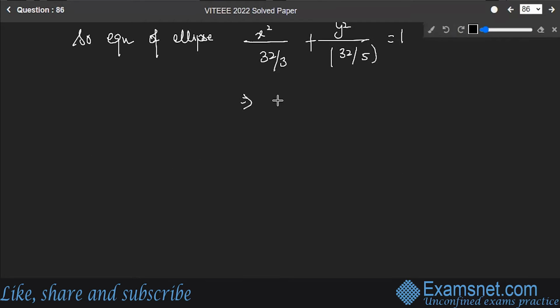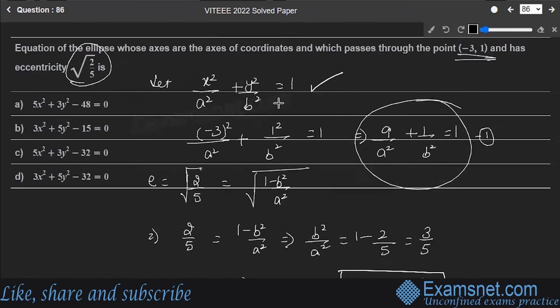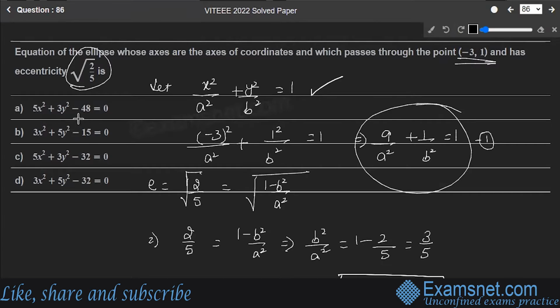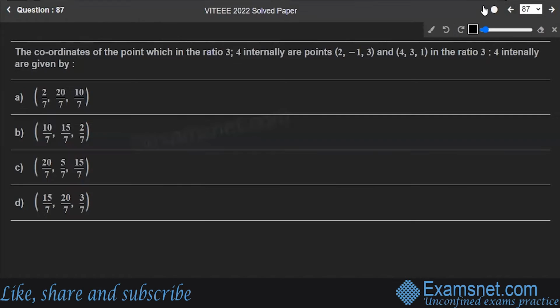This makes 3x² plus 5y² is equal to 32. So this is the required equation of the ellipse. Let's check. You have option D as the answer. Hope you understood this. Let's move to the next question.